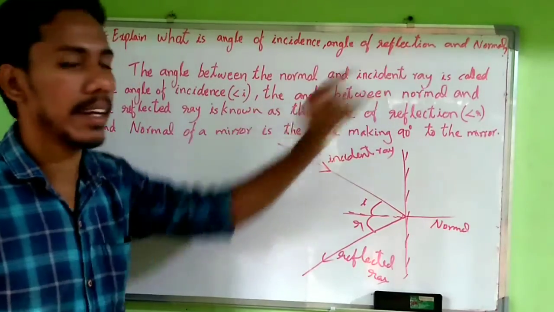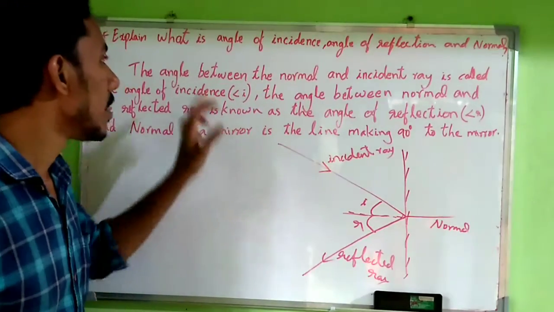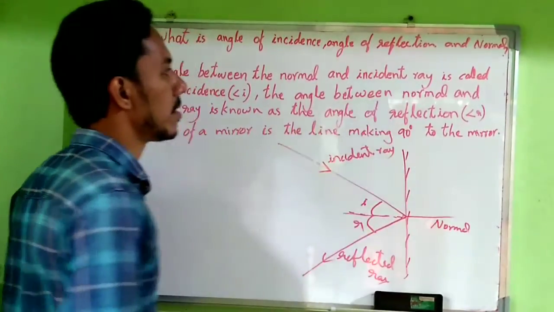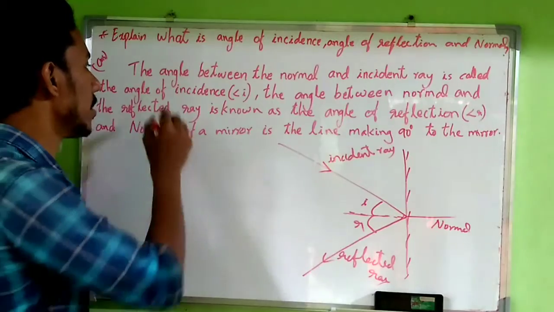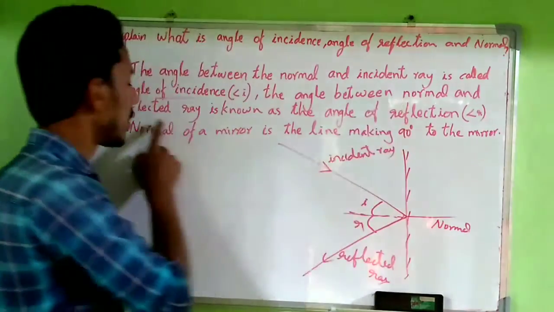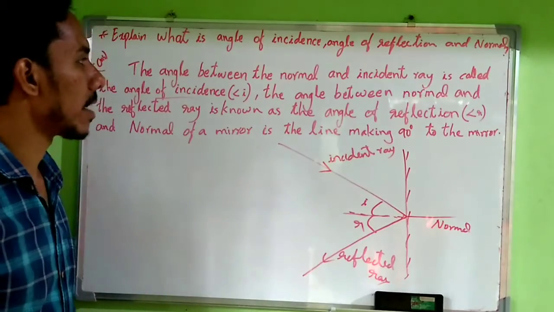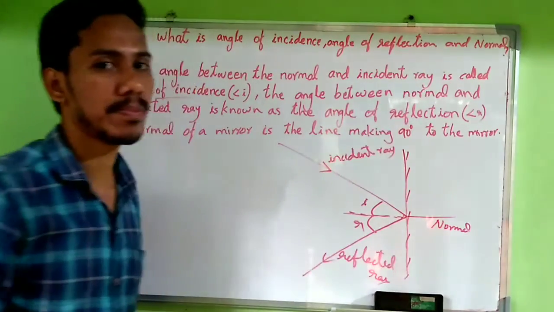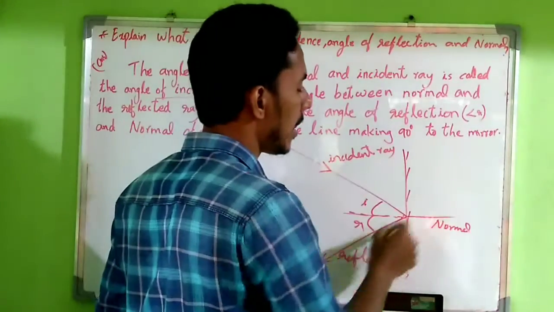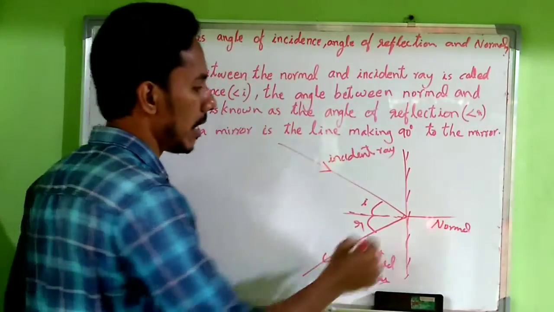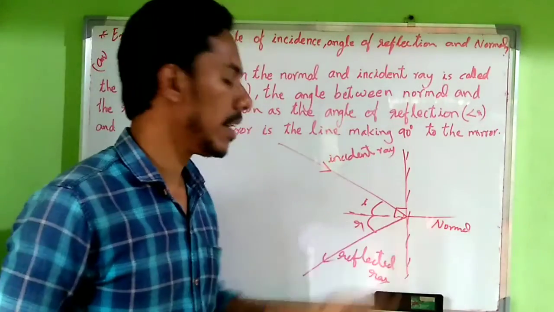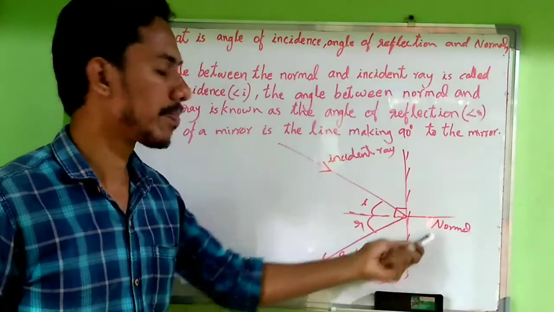The angle between the normal and the incident ray is called the angle of incidence. The angle between the normal and the reflected ray is called the angle of reflection. And what is the normal? The normal of a mirror is the line making 90 degrees with the mirror. It is called a normal.